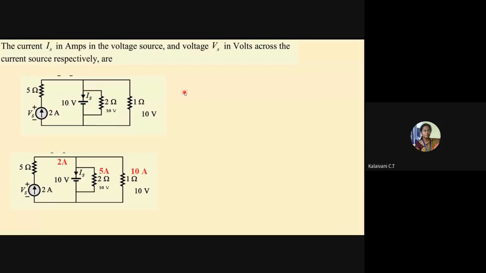Again, we'll go for the same KVL and KCL laws. If this point is 10 volt, here also it is 10 volt, and here also it is 10 volt.